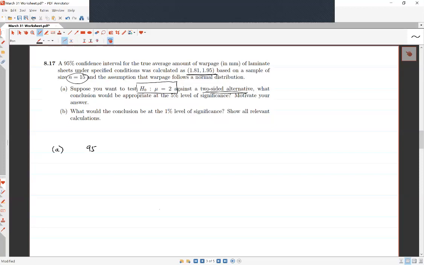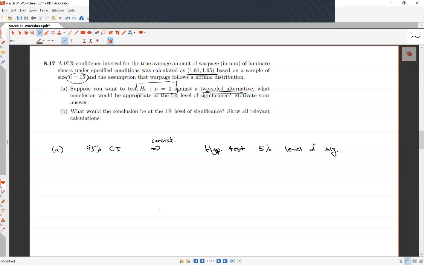So a 95% confidence interval that we have will be consistent with a hypothesis test at the 5% level of significance. So the level of the confidence interval and the level of the test should add up to 100%. Those are the comparable situations.